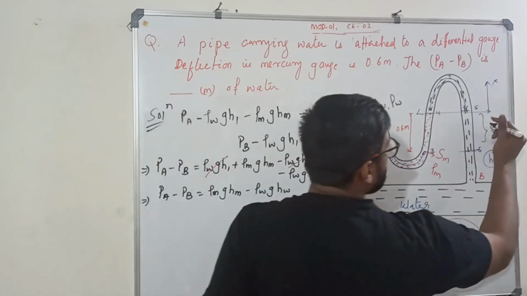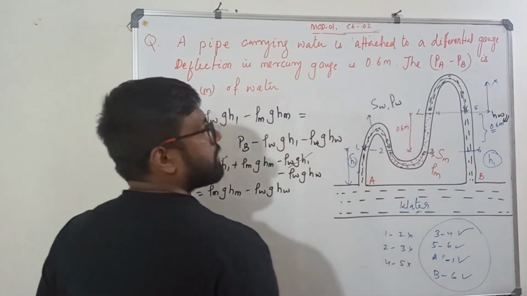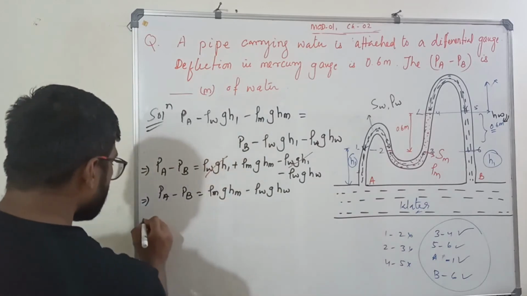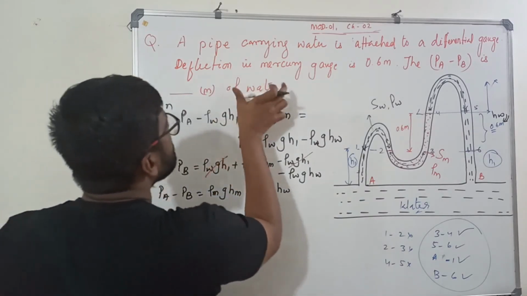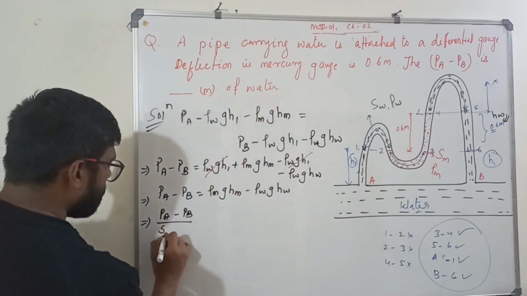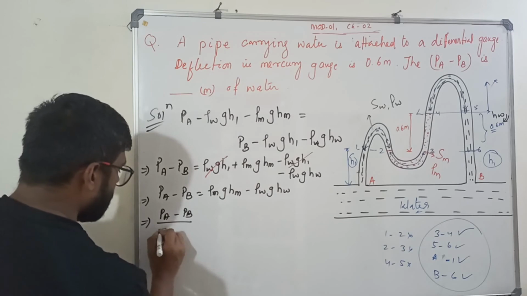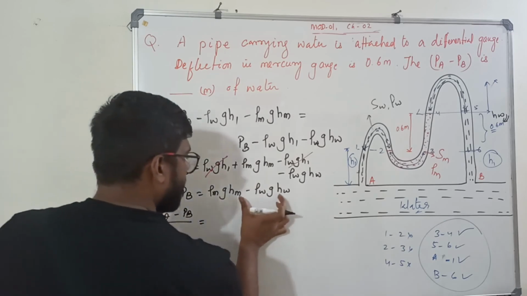Need I say how much this HW height is? 0.6 meter. HW height is 0.6 meter only. So this implies PA minus PB. What do we do? The answer is in terms of meter of water. So multiply by, or rather divide by, the density of water, rho W, and take G common.